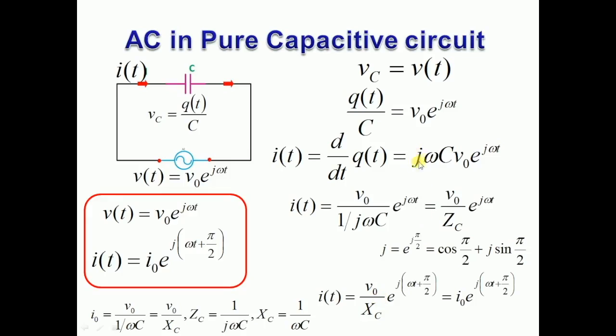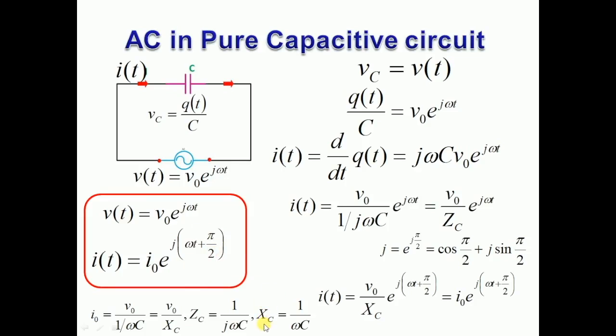See, this j is here, so this angle is positive, and I of t equals V0 upon Xc into e to the power j omega t plus pi by 2. So here in the red rectangle we have the final equation for current, and it indicates it is ahead by pi by 2.